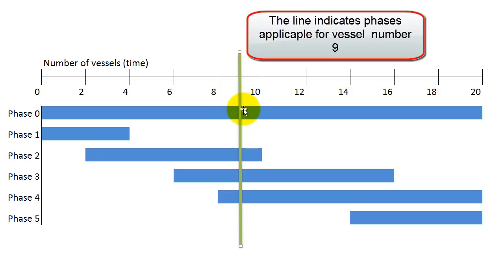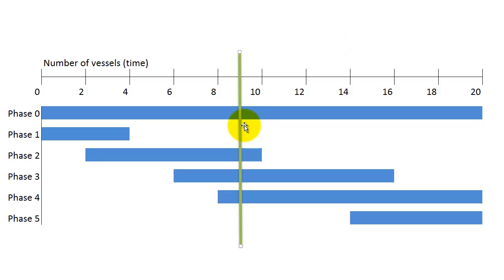And in this case we can see that slicing through the phases at vessel number 9 indicates that we need to include items tagged with phase 0, phase 2, phase 3 and phase 4, and leave out phase 1 and phase 5 for this vessel.